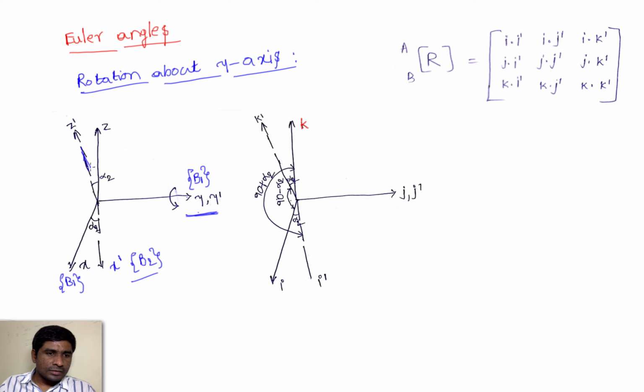That means y dash as well as x dash are perpendicular to the y axis here. This is perpendicular and this is also perpendicular, so automatically these two are also perpendicular here.